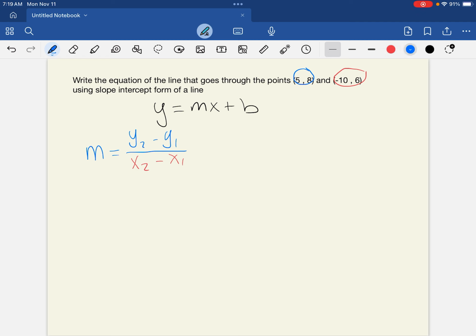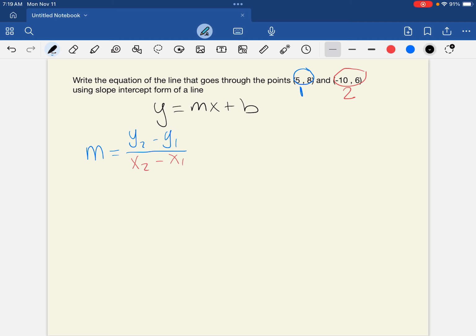In this equation, you see I have y2 and y1, and all that's saying is, hey, we're taking the y coordinate from one point, subtracted from the y coordinate of the other point. And then our denominators, the x's are following the same order. So if I did my red point first, then I would have to do my blue point second.